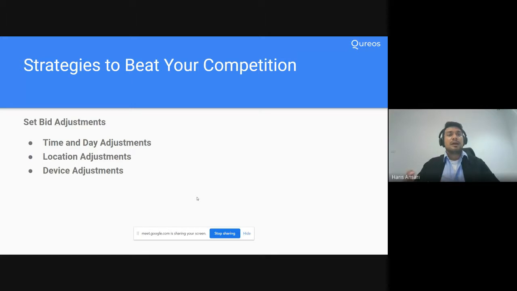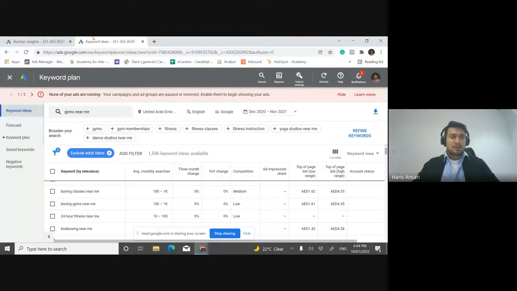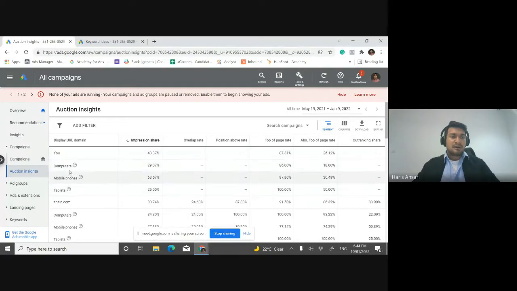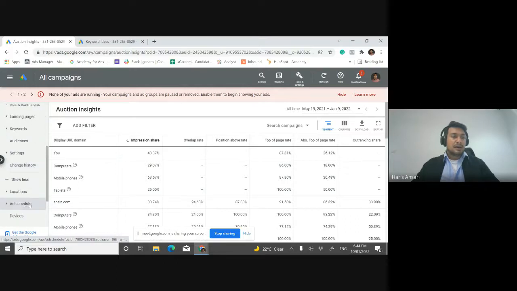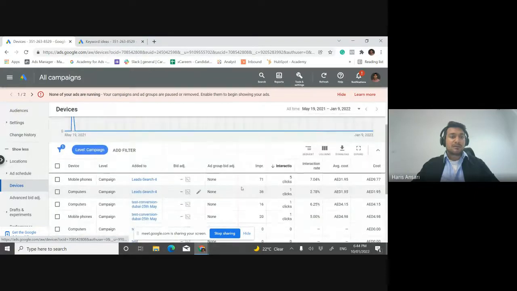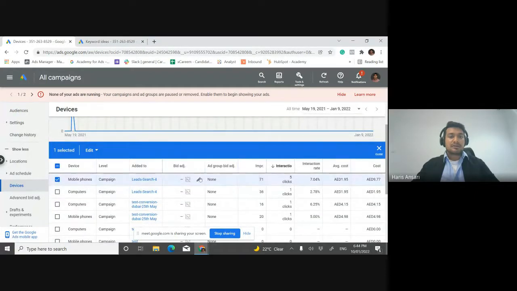So if you have seen the auction insight on Google and you realize that maybe Sheen.com is not working better on computers or not working better on mobile phones, you can actually take advantage of the weakness of your competitor and just simply go on the devices, and from there, let's say it was mobile phone where the competitor was not performing well, you can select it and you can raise the bid by 20%, 30% for it.